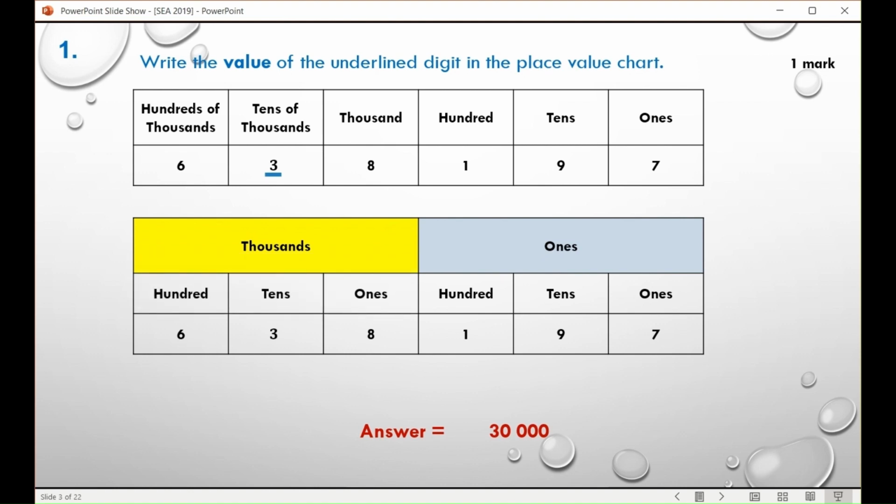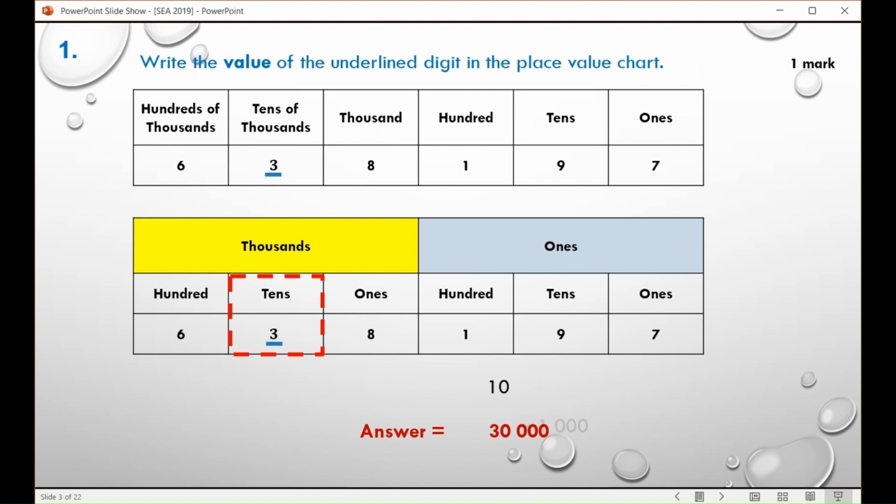So if we look at the actual question, they're asking us to find the value of the underlying digit, that number 3. So if we identify this here and we're looking at the place value, we can see that it's telling us the place value there is 10. And what 10?